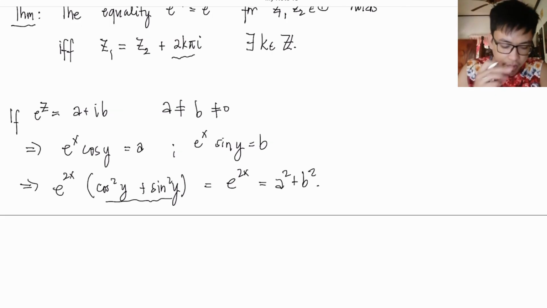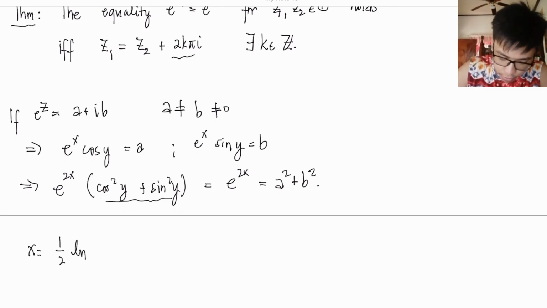Since the logarithm is well defined for positive real numbers, we would have x equals 1/2 ln(a² + b²).